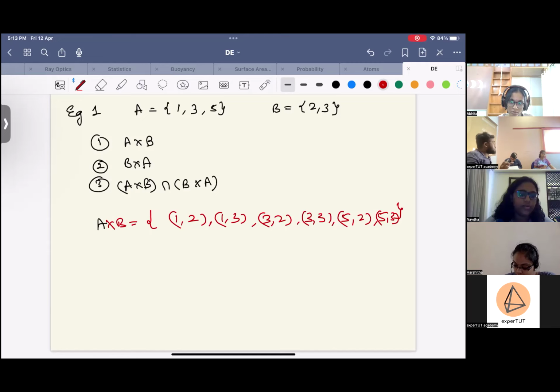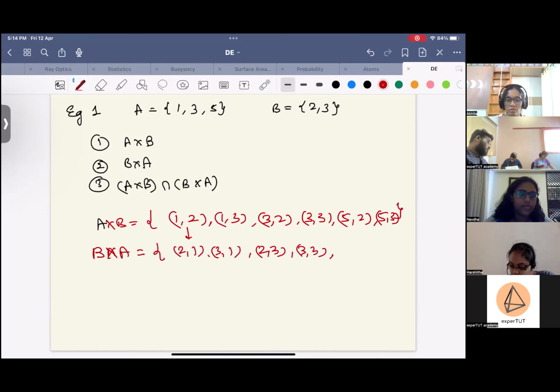Set A cross B will not have 3, 5. It will have 5, 3 because 5 is first and 3 is second. Whereas B cross A will have 3, 5. It will not have 5, 3. You can just simply reverse these: 2, 1, 3, 1, 2, 3, 3, 3, 2, 5, 3, 5.